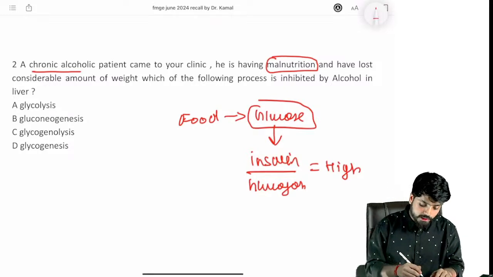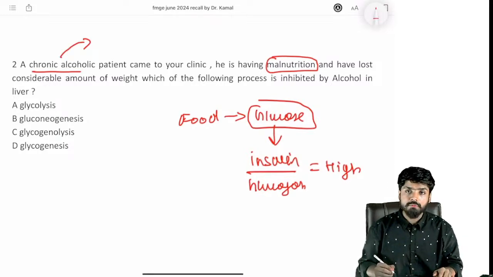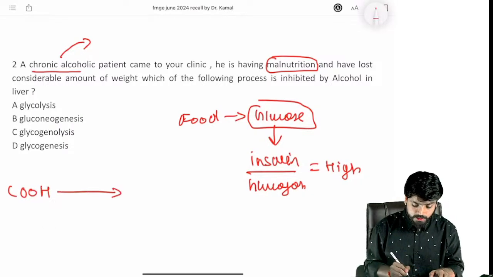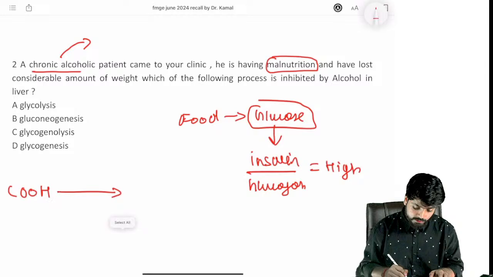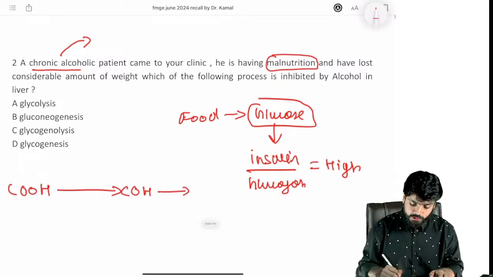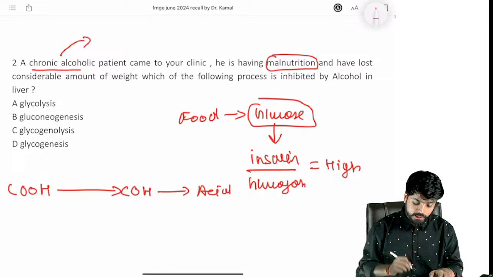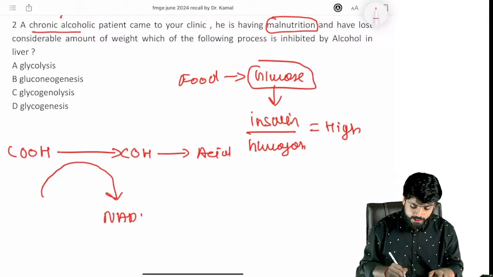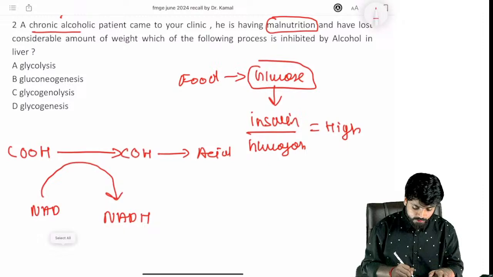Now you have to understand, in a chronic alcoholic patient, what happens? Alcohol, CH3CH2OH, gets converted into aldehyde, and it gets converted into acid. In this process, we get NADH from NAD.